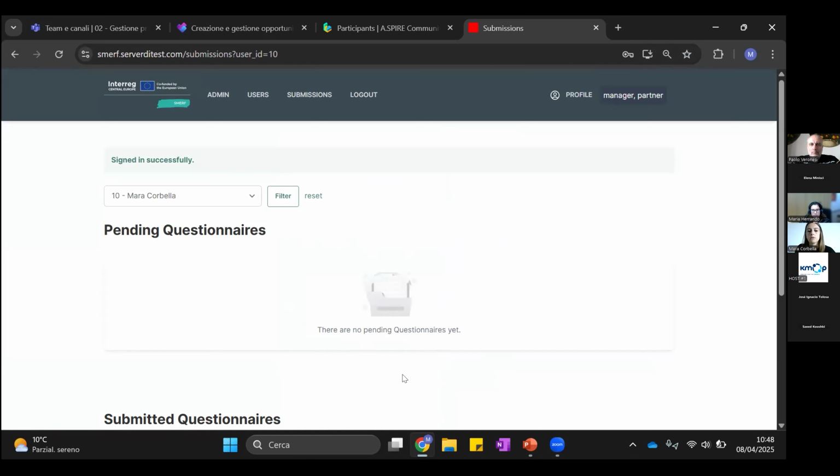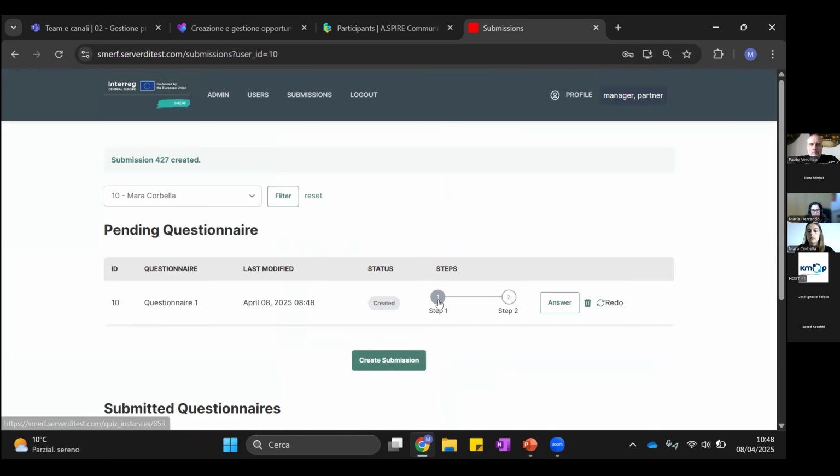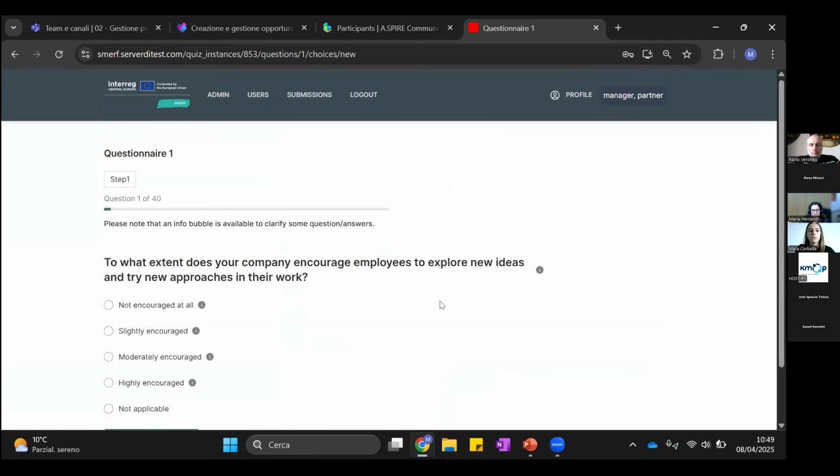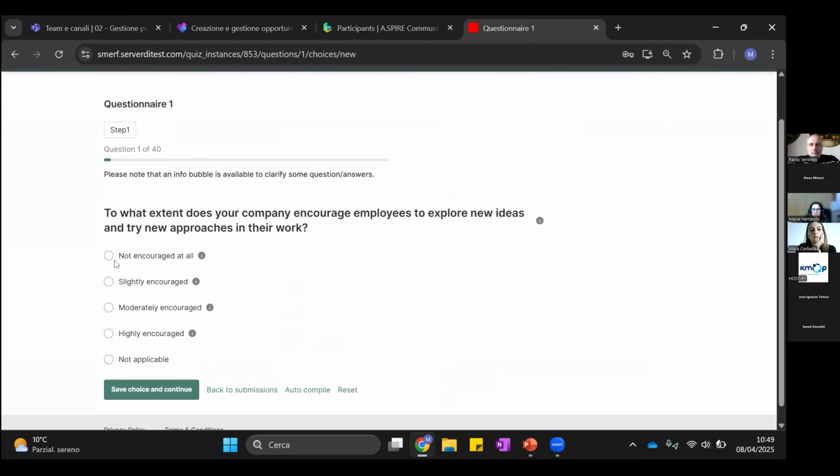After you register, you just have to create a new submission, and then you can start filling in step 1. As you can see, the questions are quite detailed, but there are a lot of options, and of course, the not applicable option is always available, since not all the topics are related to the companies, or at least not to all types of companies.